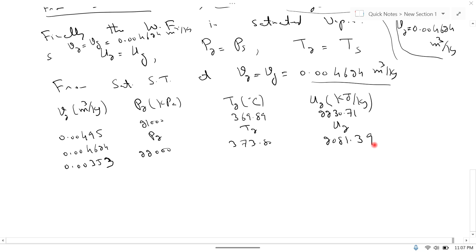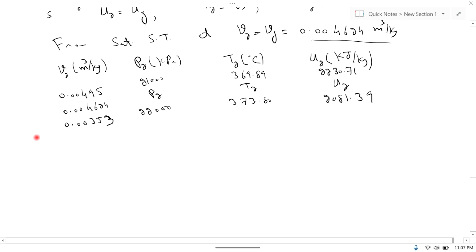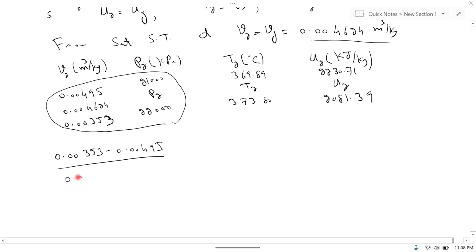First we do interpolation for P2 in these values. Third value minus first value, 0.00353 minus 0.00495, divided by third value minus second value, 0.00353 minus 0.004624, is equal to 22,000 minus 21,000 divided by 22,000 minus P2.